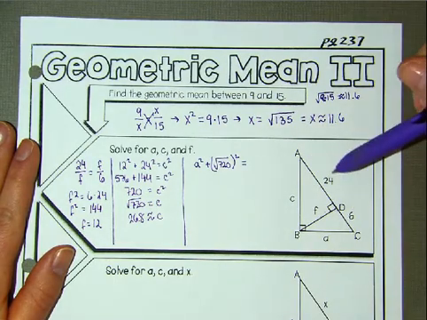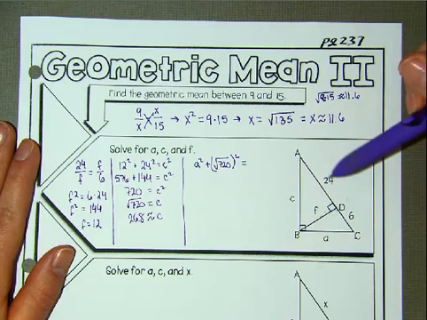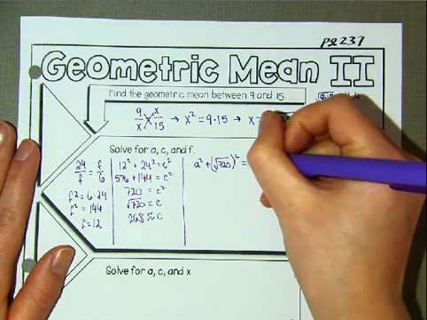So we have to look at these added together. So 24 plus 6 gives us 30 squared.